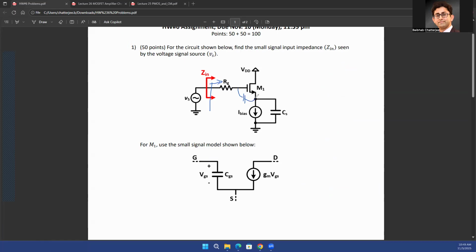As you have learned, just find the Thevenin equivalent resistance looking into the input, looking into the left side of this RG resistance. Of course, you'll get rid of any independent voltage source in that case, and then find the AC equivalent resistance looking into the input. Just consider that there is a capacitance between gate and source to solve this problem. Questions?